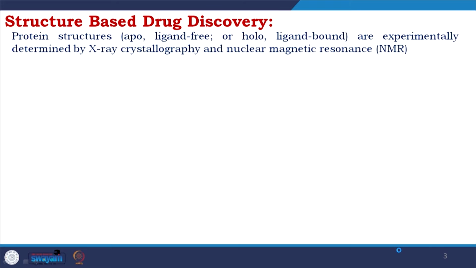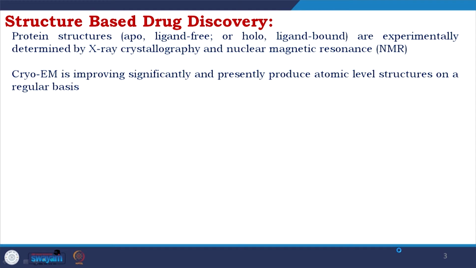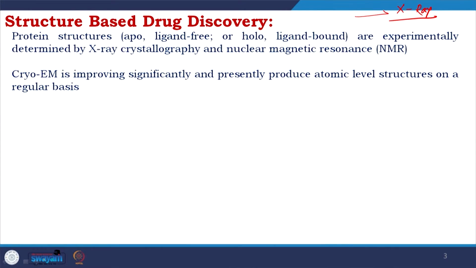We used to say that, but now cryo-EM is improving significantly and presently produces atomic level structure on a regular basis. So, yes, X-ray is historically important for long time, and even now if you want a very high resolution atomic level structure of the protein or the protein with the substrate, inhibitor and all, your best bet is X-ray.